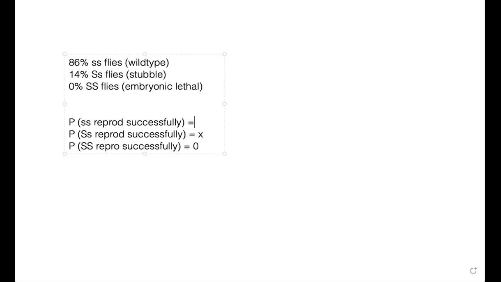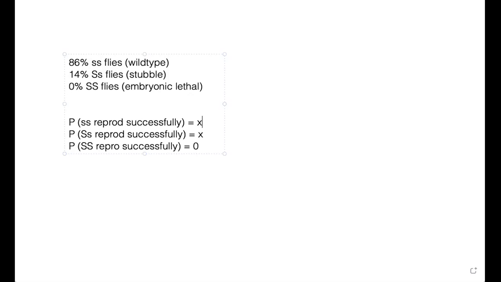Well, it's equal to the probability of surviving and reproducing normally, which we'll set to being the same thing as the probability for big S, little s flies. We're calling it X because it's not a given that any fly successfully reproduces.